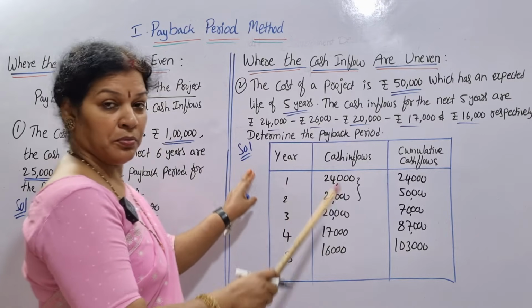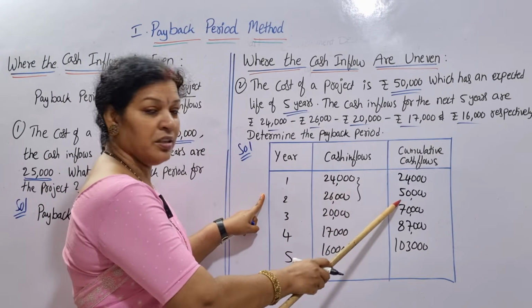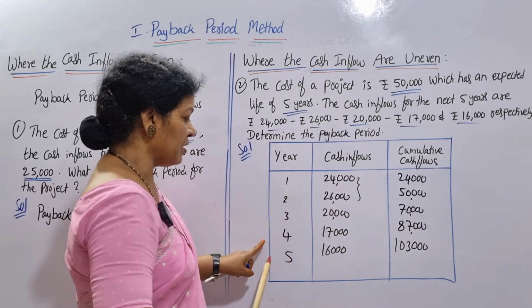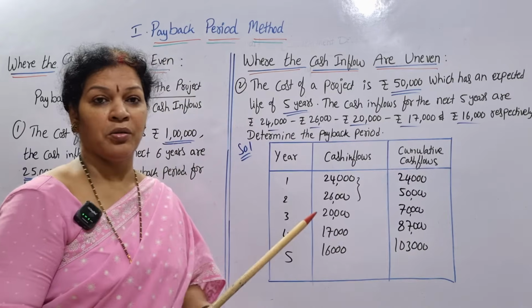Cumulative cash inflows means the first year you will be getting 24,000. By the second year you will be getting 50,000. By the third year 70, fourth year 87. By the fifth year your inflow will be 1,03,000.